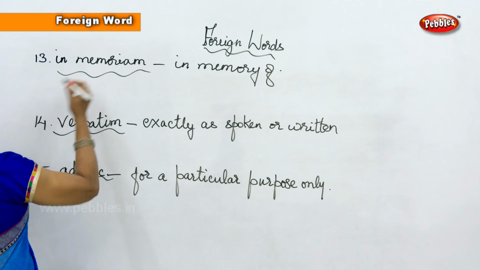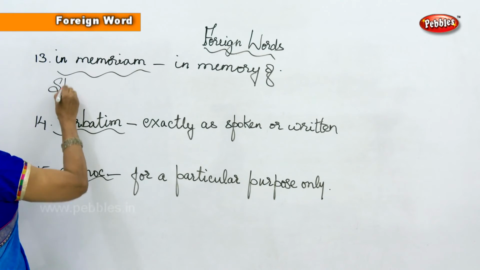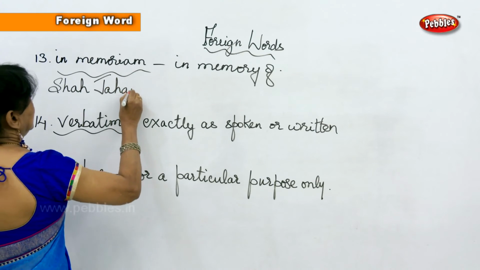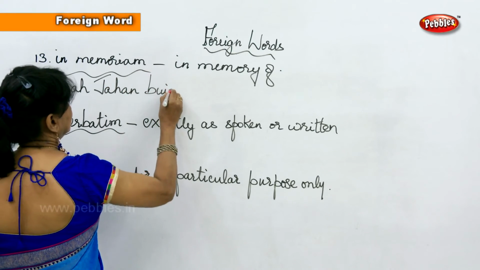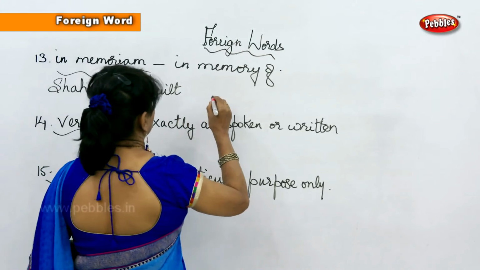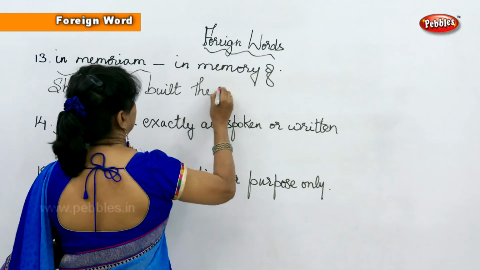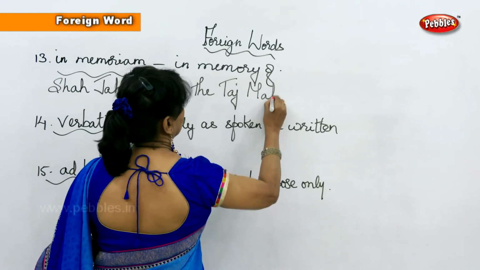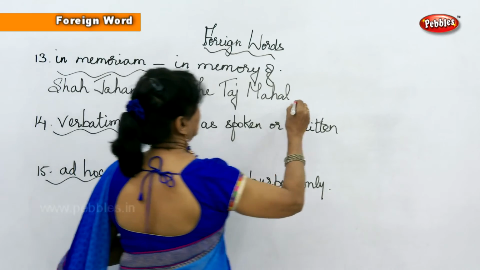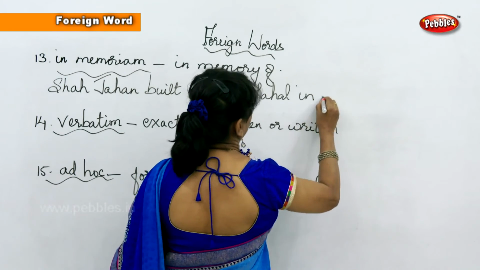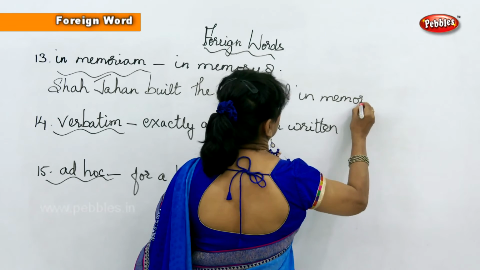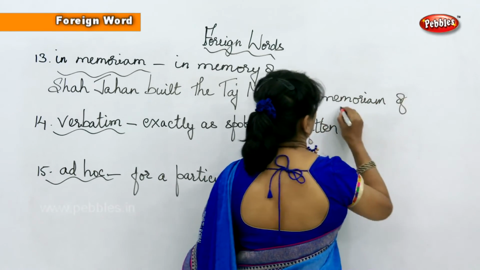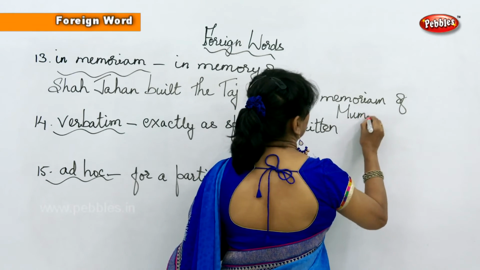Very common word. Shah Jahan built the Taj Mahal in memoriam of Mumtaz Mahal.